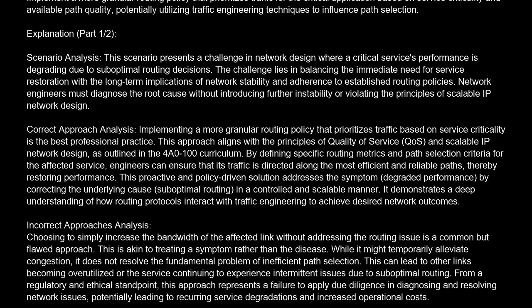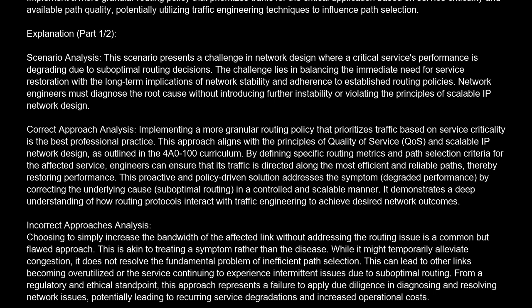By defining specific routing metrics and path selection criteria for the affected service, engineers can ensure that its traffic is directed along the most efficient and reliable paths, thereby restoring performance. This proactive and policy-driven solution addresses the symptom, degraded performance, by correcting the underlying cause, suboptimal routing, in a controlled and scalable manner. It demonstrates a deep understanding of how routing protocols interact with traffic engineering to achieve desired network outcomes.